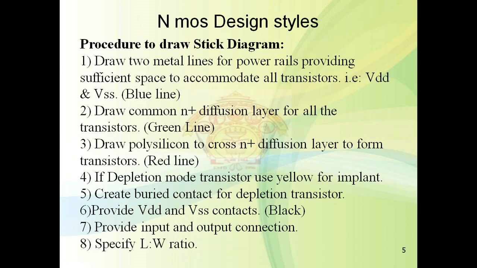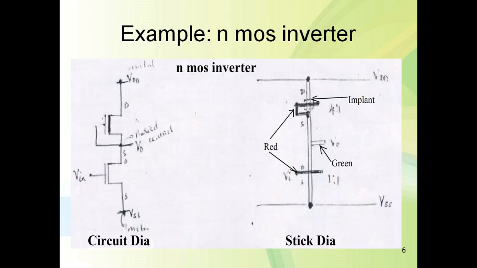Next, create a buried contact for the depletion transistor. Provide VDD and VSS contacts by the black line. Next, provide input and output connections and specify the length and width ratio.